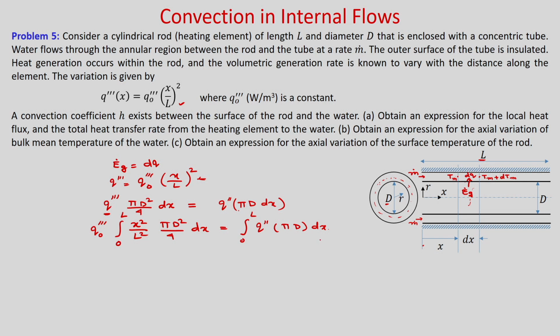So, this is the expression. From here, what is q double prime? Q double prime is just q triple prime naught into x by L whole square.